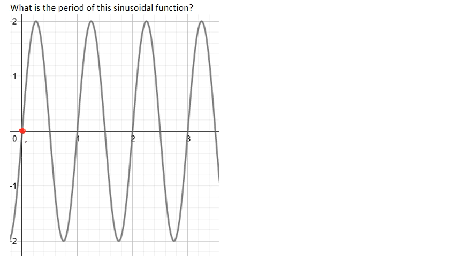Okay, we start here once again at 0. And by the way, you do not always start at 0. Okay, we could actually start here at 2. All right, the slope as it approaches is positive, and y equals 2. And we follow that until we get back to y equals 2 again.